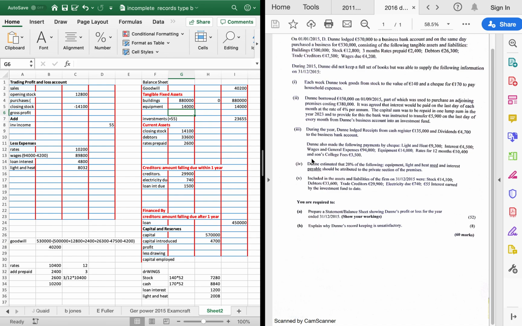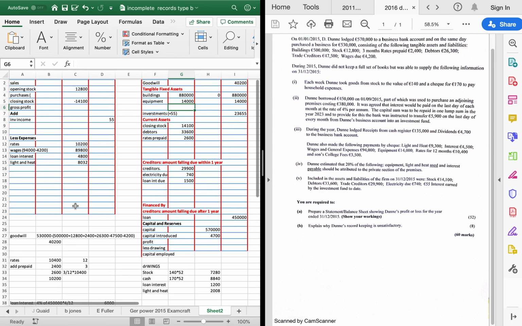It doesn't tell us the sum works for the business or anything, so all we can do is assume that all of that college fees is drawings. So that's 3.5, and it's gone into my drawings.